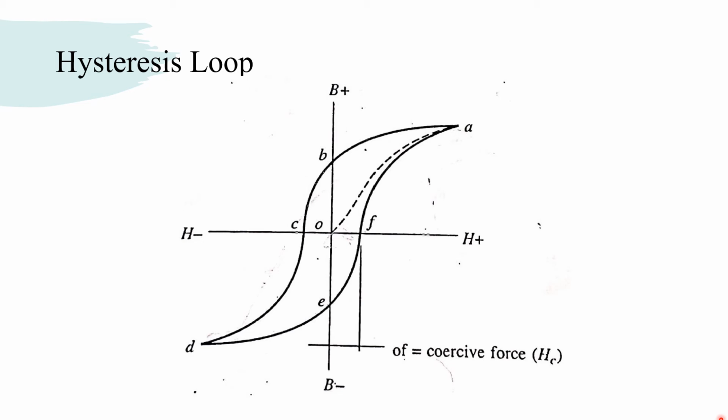When H is reduced to 0, the curve will move from point A to point B. At this point, some magnetic flux remains in the material even though the magnetizing force is 0. This is referred to as the point of retentivity on the graph and indicates the level of residual magnetism in the material.